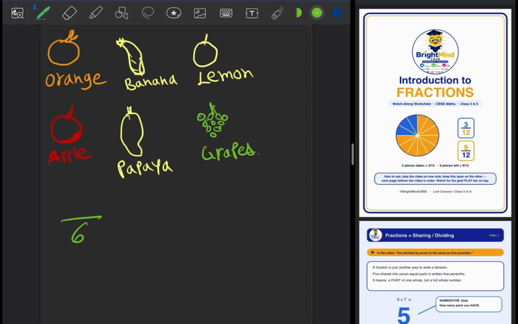Well, we could say that we have 6 pieces over here. 1 2 3 4 5 6. 6 fruits are over here. So there's a total of 6 pieces of fruits. And then what fraction of these fruits are yellow? Well, I have drawn over here 3 pieces of fruits.